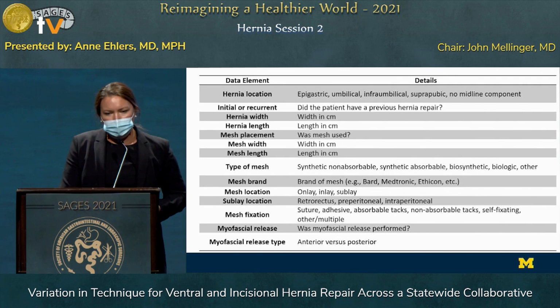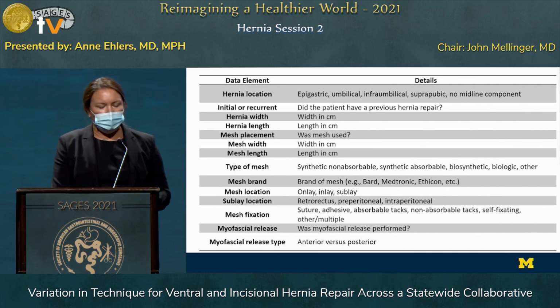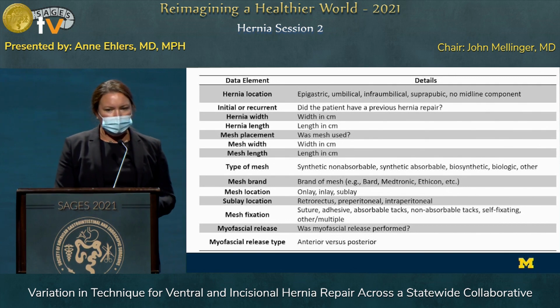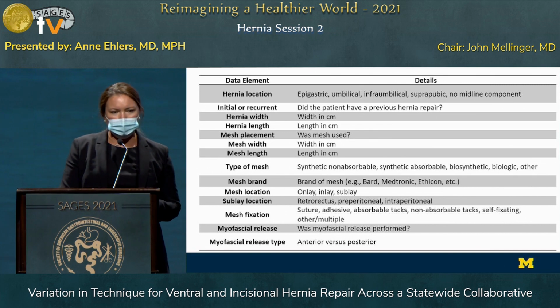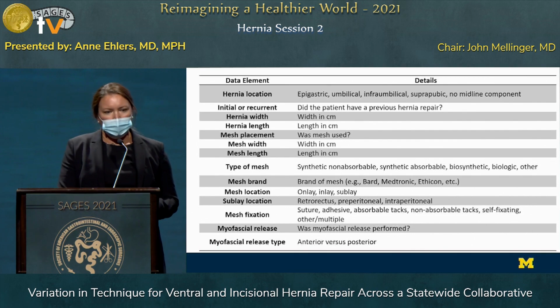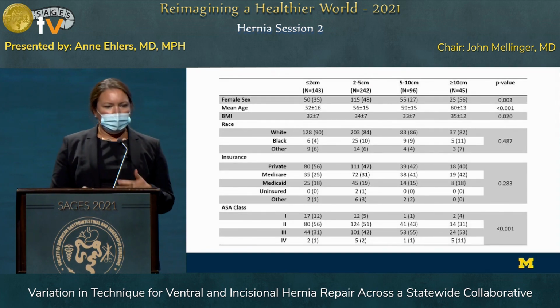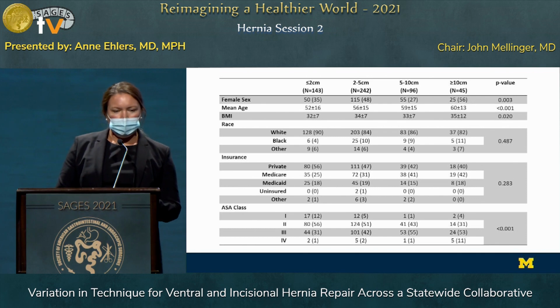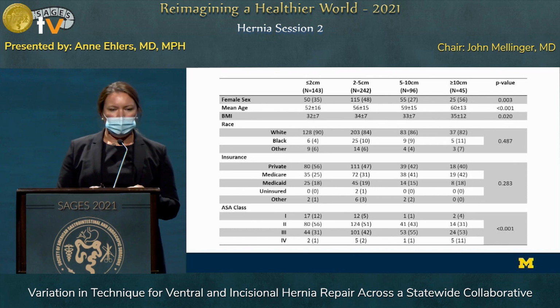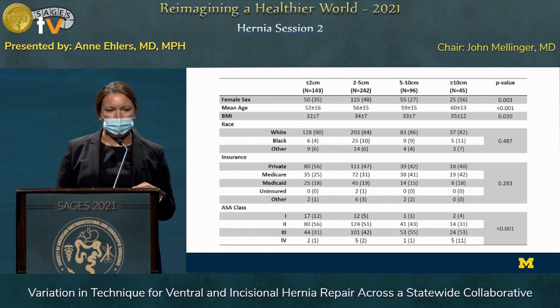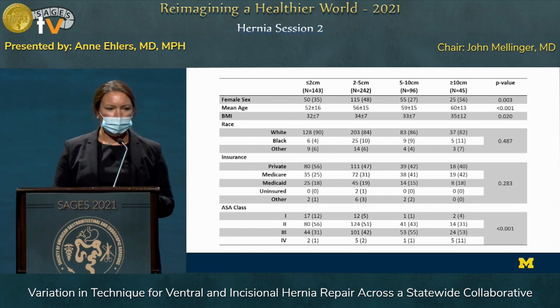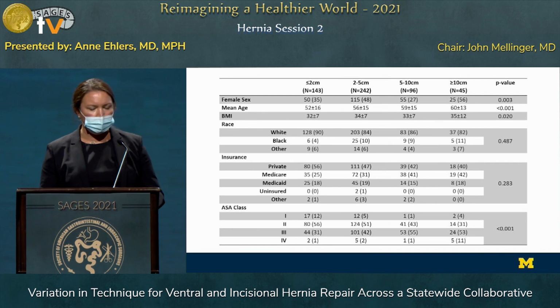So this is a pretty busy slide, but it's just a description of the exact variables that we're collecting, and you can see that there are these very granular things that are not typically available in existing registries. The next few slides are pretty busy, and I apologize for that, but it's really just to give you a sense of how we're looking at these hernias, the types of information we can glean from them, and then I'll highlight some of the exciting variability that we're seeing.